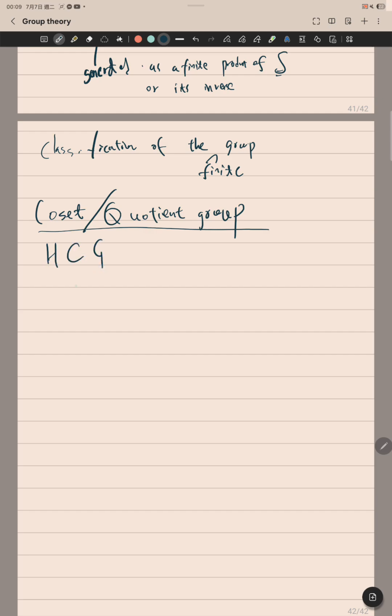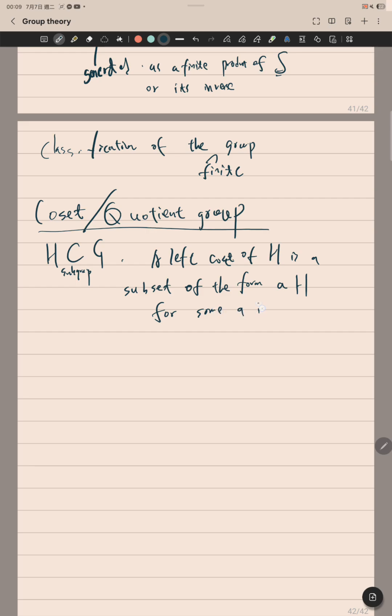Okay, so suppose that H is a subgroup of G. A left coset of H is a subset of the form aH for some a in G. Simply speaking, what do we mean by left coset?